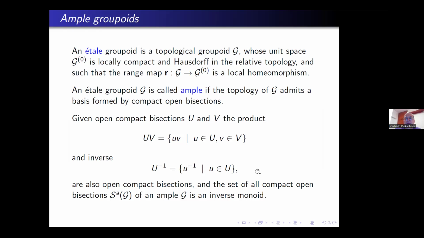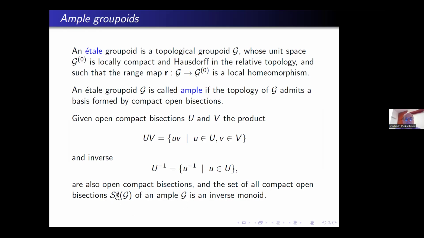And moreover, the set of all compact open bisections forms an inverse monoid of the ample groupoid G. This is also true for étale groupoids, but I will concentrate on ample.